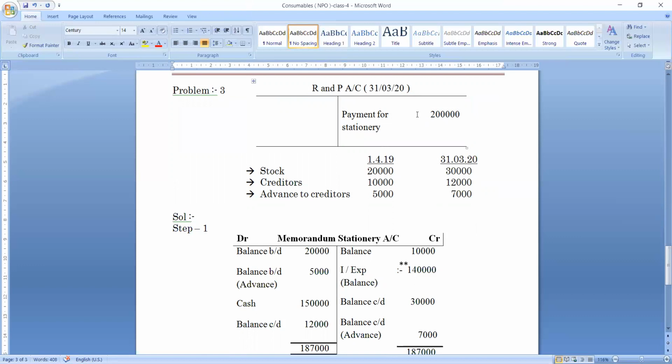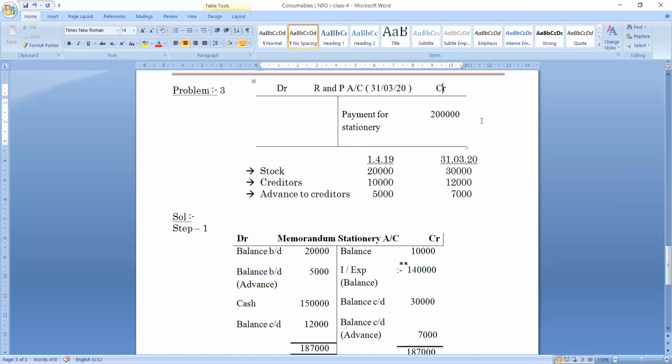Here it is written payment for stationery, receipts and payments account, debit side, credit side. Payment for stationery, here it is written 2 lakh rupees.